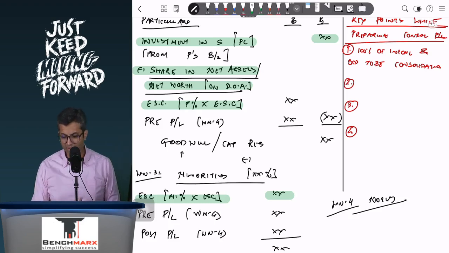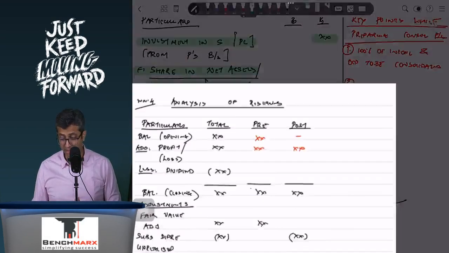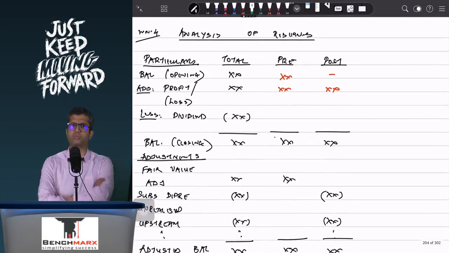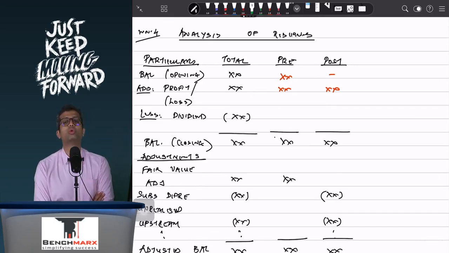Sir, but why do I need to analyze the reserves of the subsidiary? And how do you analyze the reserves? Something like this. Why do I need to analyze the reserves of the subsidiary? Well, because assets and liabilities are to be 100% consolidated. However, reserves are not to be 100% consolidated. Reserves belong to parent and minorities both.